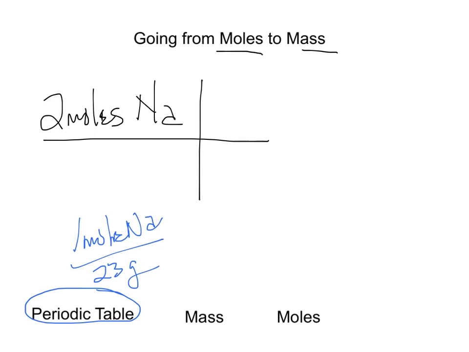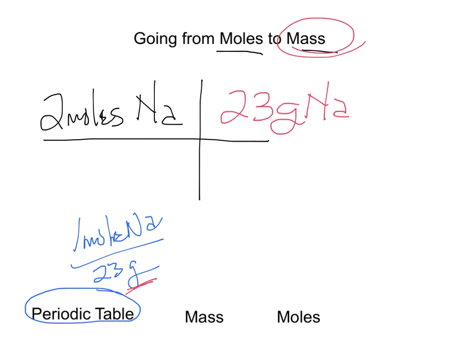Now, which one do I put on top? I want to go to mass. Mass would go on top. Mass is grams. So I'm going to say there's 23 grams of sodium in 1 mole of sodium.